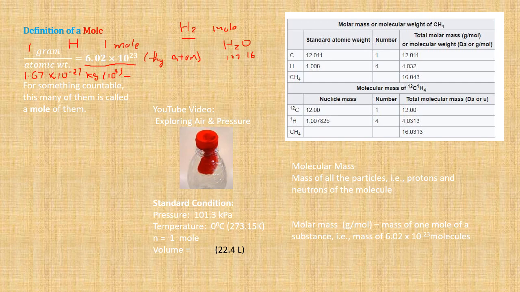So 1 mole of this, which means this many of this, weighs 18 grams. 18 grams is quite a lot. Water is like several big spoons of water. So 18 grams, not 3 or 4.